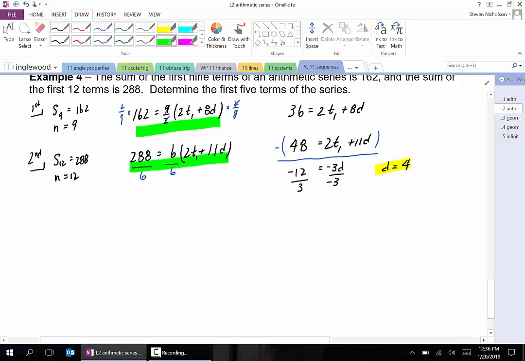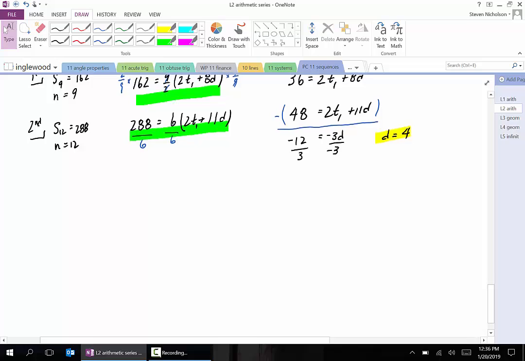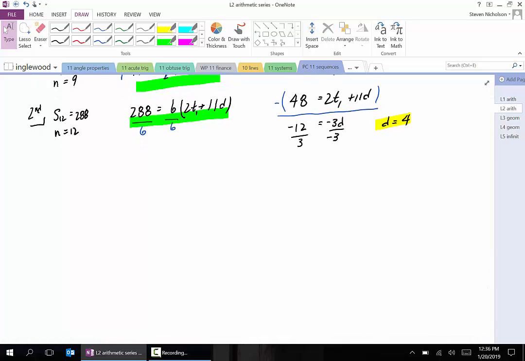And if I plug in my D information, I can figure out T1, which is the starting point. And then using those 2, I can go ahead and solve. So I'm going to use the second one, because 12 over 2 is 6, and there are no fractions. So I'm going to use that information I've just found, and substitute in 11 times 4 for the common difference.